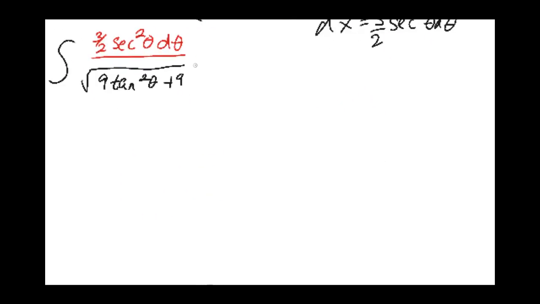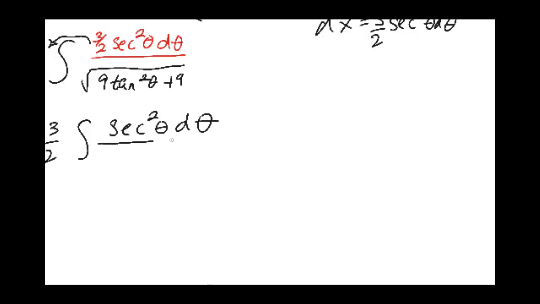Alright. So then I can factor the 9 out of the denominator, and pull this out in front. So if I were to do that, I would have a 3 halves out front, secant squared theta d theta over 9 square root tan squared plus 1. Factor out that square root of 9 becomes a 3.